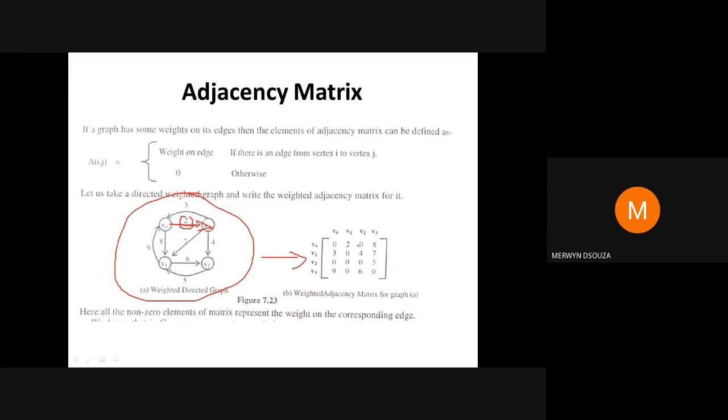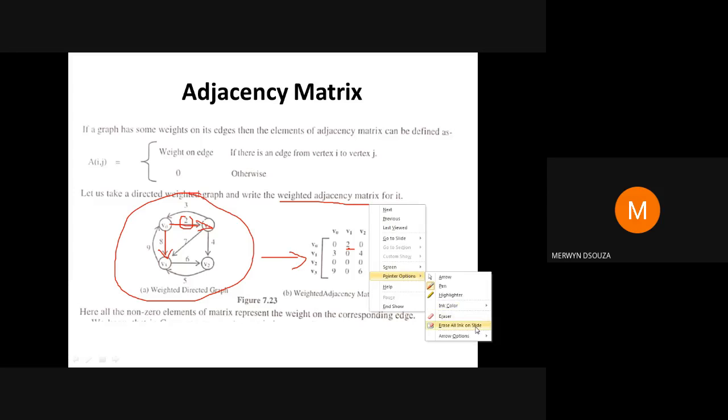Here the value is 2, so you write 2. Similarly, from V0 to V3 there's an edge and the weight is 8. Like that you fill up. This matrix is known as a weighted adjacency matrix.